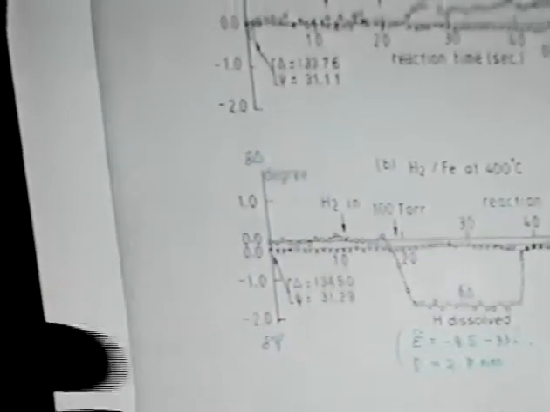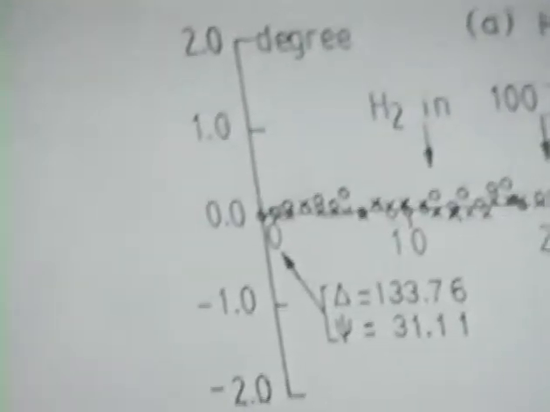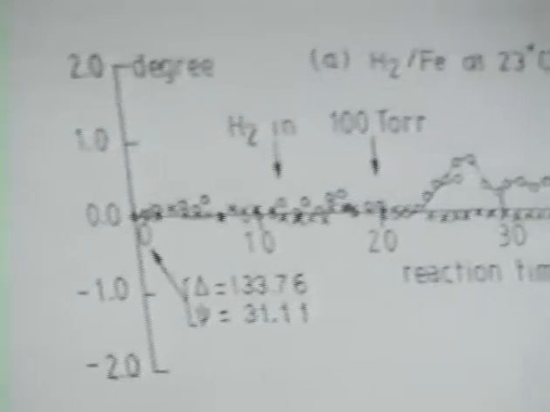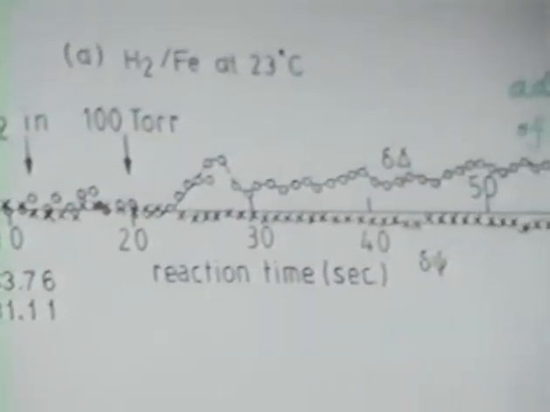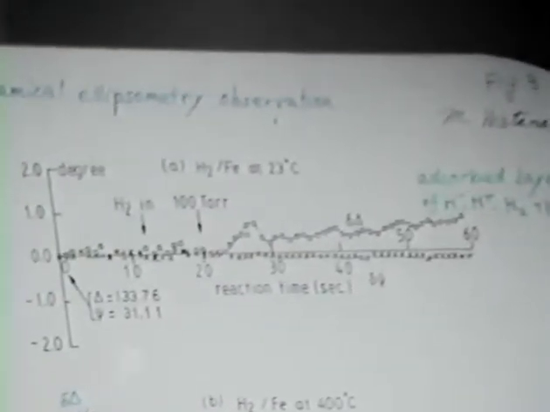Next slide, please. Now, I go to the main issue, which was observed by the rotating analyzed ellipse. Here, in figure A, I show you the absorption of hydrogen at room temperature. At time 0, the computer starts the observation, and then I start to rotate the bar, and I start to open the valve to introduce hydrogen gas.